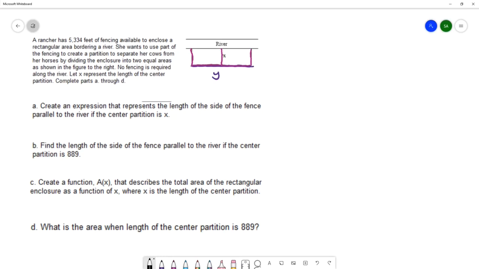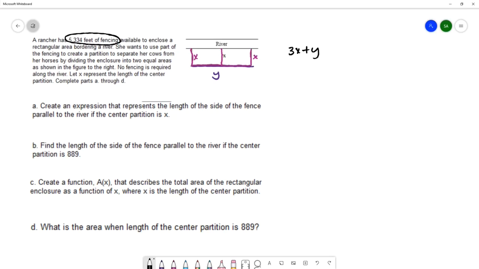So if we use the fact that these are rectangles, I know that this is also X and this is also X. So we have 3 sides that are X and 1 side that is Y. And those sides are where the fencing is going to go.